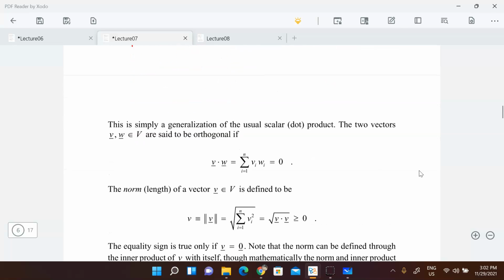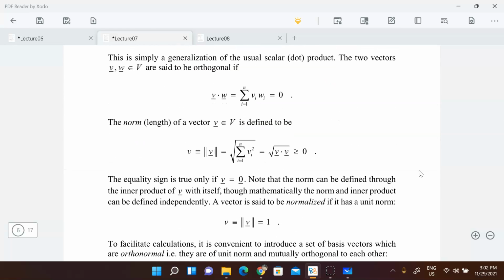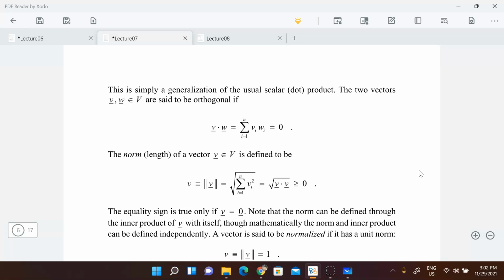From your dot product, you have also learned something else.